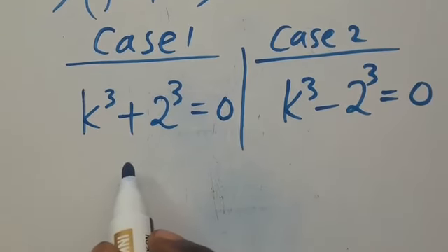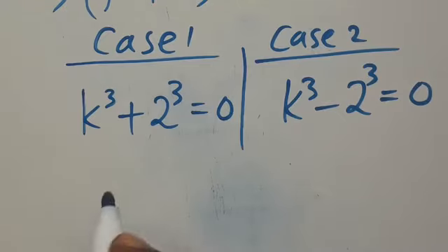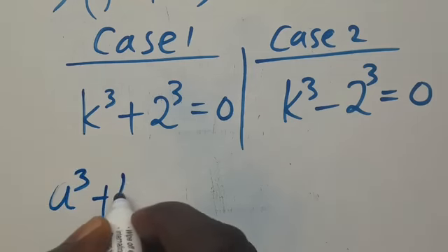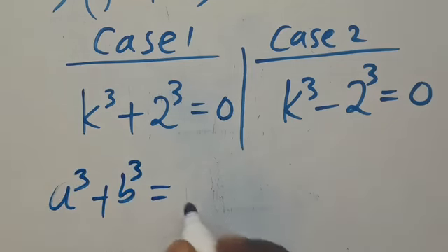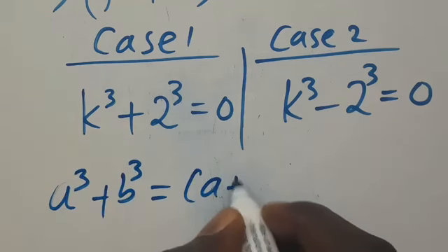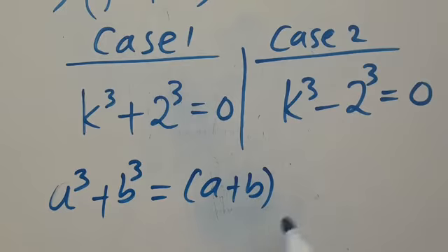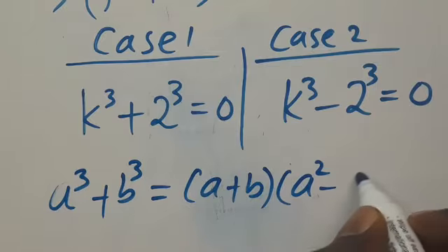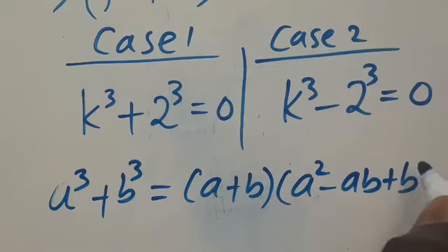We have this to be a sum of cubes. Remember that when you have a to the power of 3 plus b to the power of 3, it always equals a plus b, all in brackets, multiplied by a square minus ab plus b square.